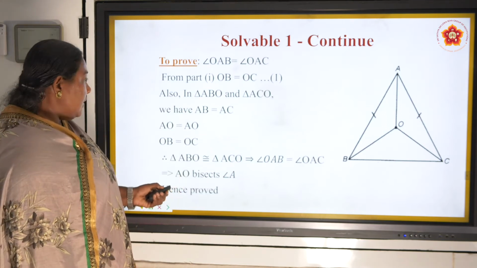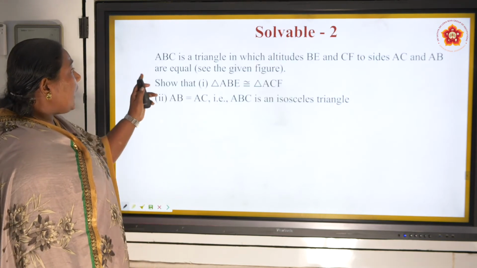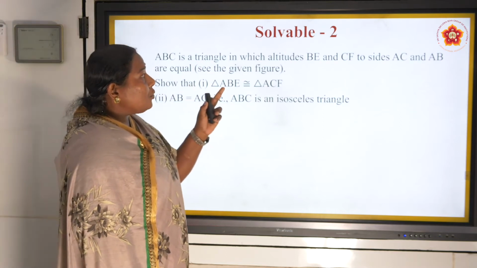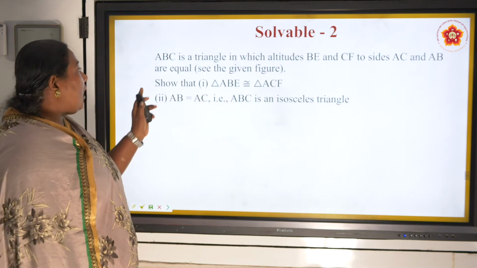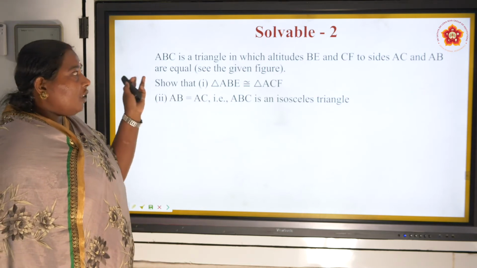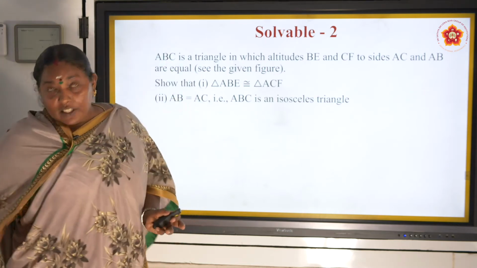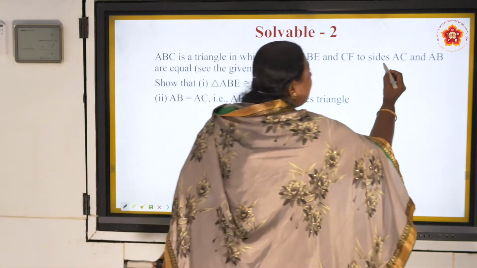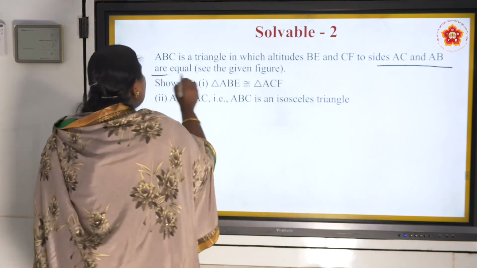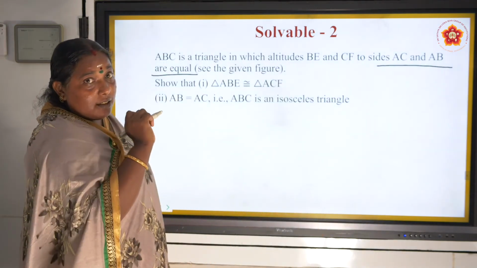Let us move on to the next one. ABC is a triangle in which altitudes BE and CF to sides AC and AB are equal. If we read this question the first time, everyone will think that they have given sides AC and AB are equal. Is it right?